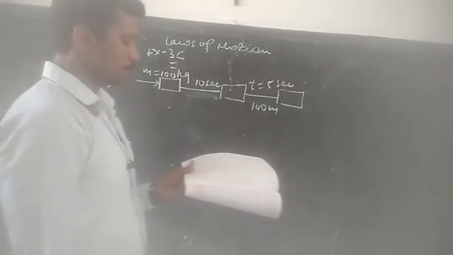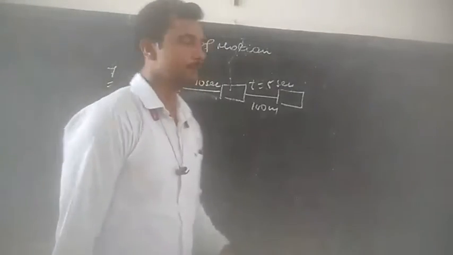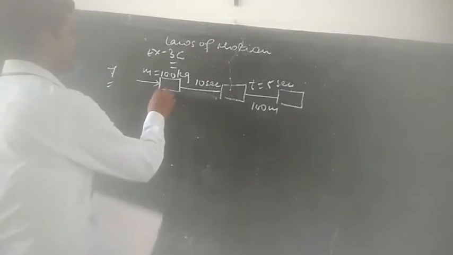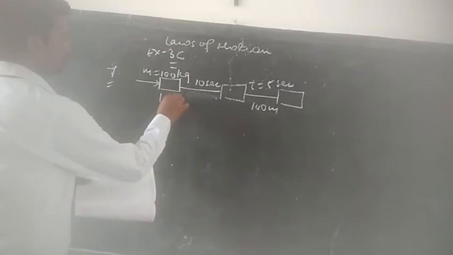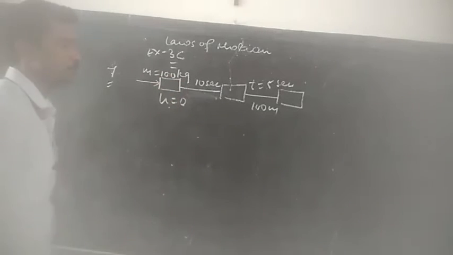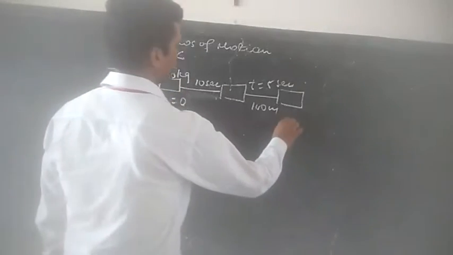Then calculate the velocity acquired by the body. The body is stationary, so the initial velocity is 0, and we have to find out the final velocity.